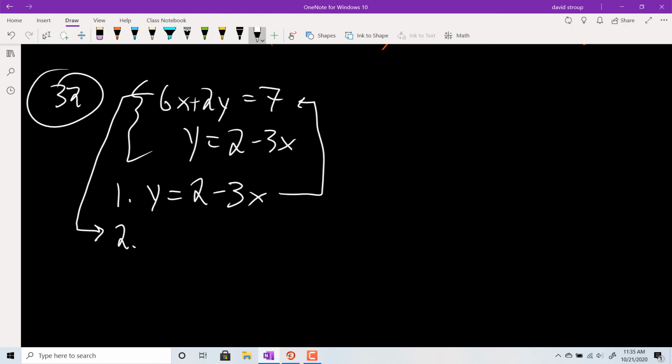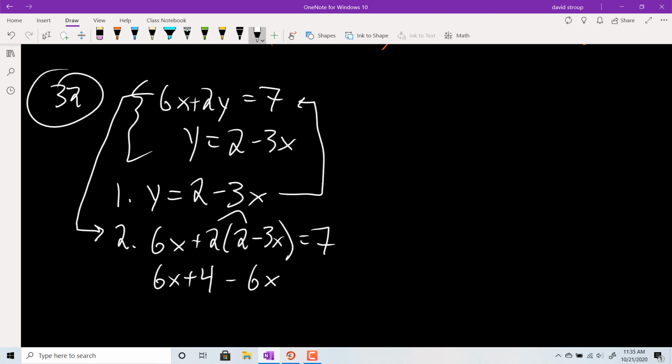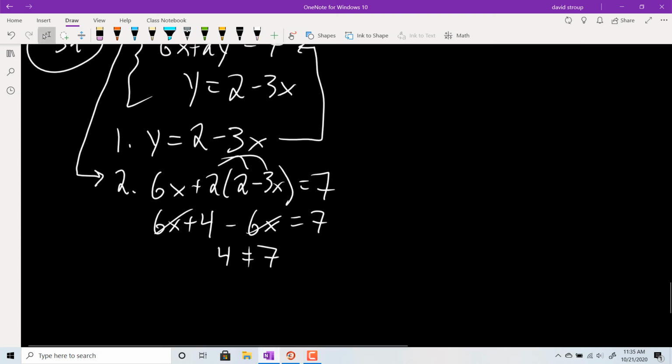Okay, so second, 6x plus 2 times this 2 minus 3x, equals 7. Then we solve that for x. So 6x plus 4 minus 6x, I have to distribute, equals 7. 6x minus 6x, 4 is 7. And there it is. So we ended up with a false statement, and that tells us there are no solutions.